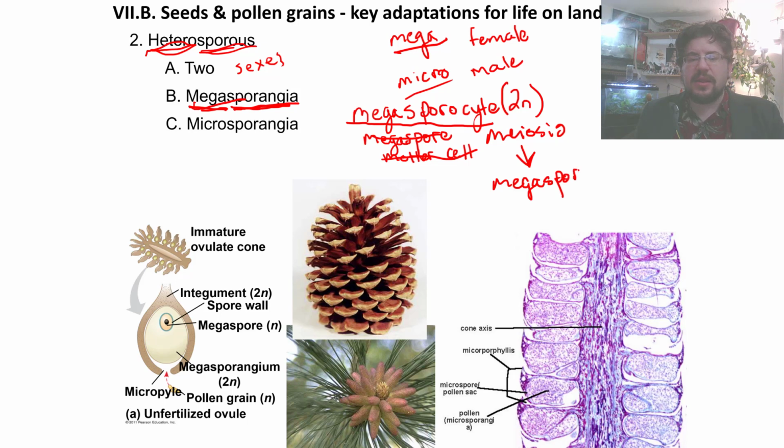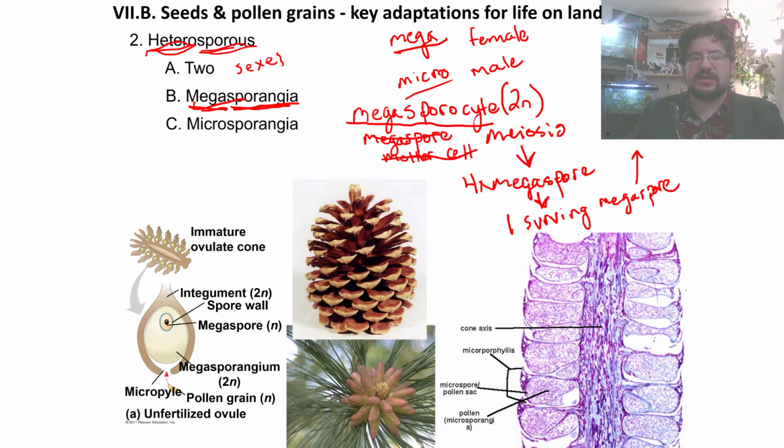Now, what's fascinating in these seed plants is that meiosis gives you 4 megaspores, but 3 of them become non-functional. 3 of them are basically destroyed, recycled, and you get 1 surviving megaspore. As we continue on this path, the megaspore germinates, and we're still inside the sporophyte.